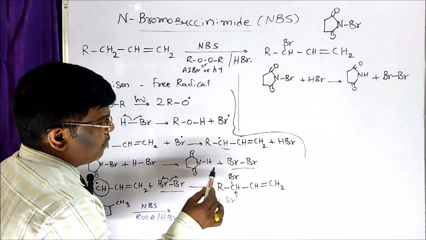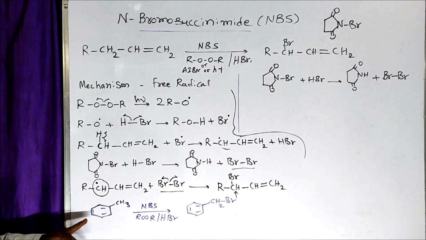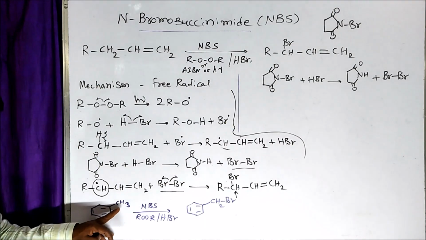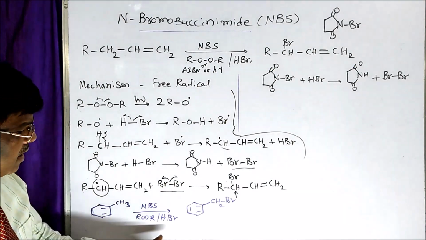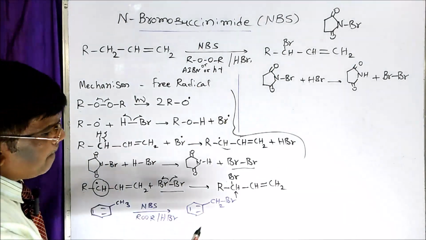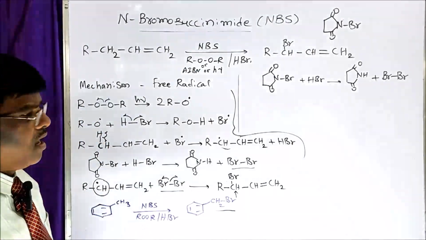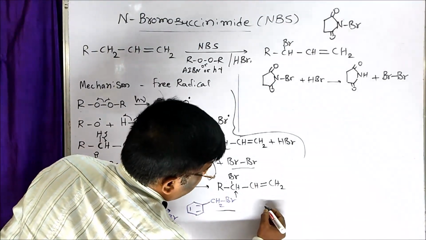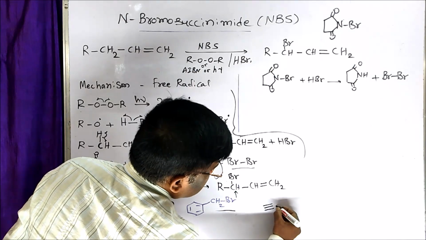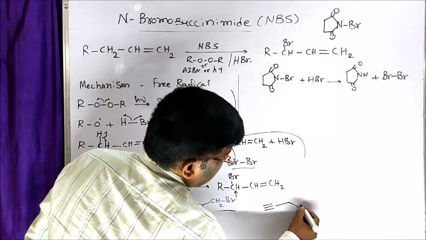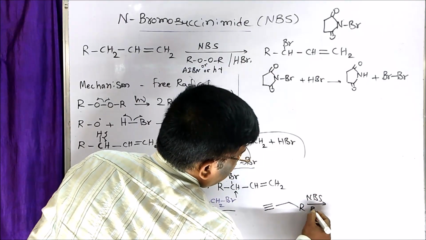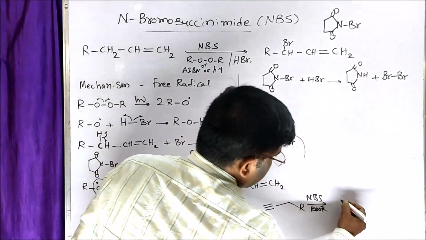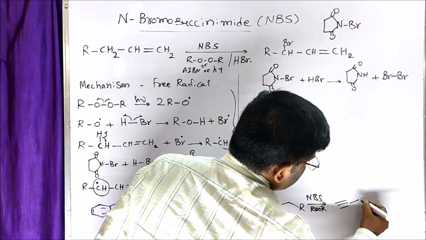This is the allylic carbon. In a similar way, if you take toluene, with its benzylic carbon, and do bromination in the presence of peroxide and HBr, you get benzylic bromination. In a similar way, if you take a propargylic compound and do the bromination in the presence of NBS and peroxide, you get propargylic bromination, right?